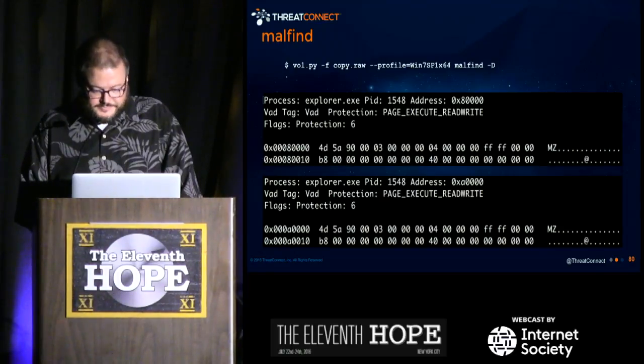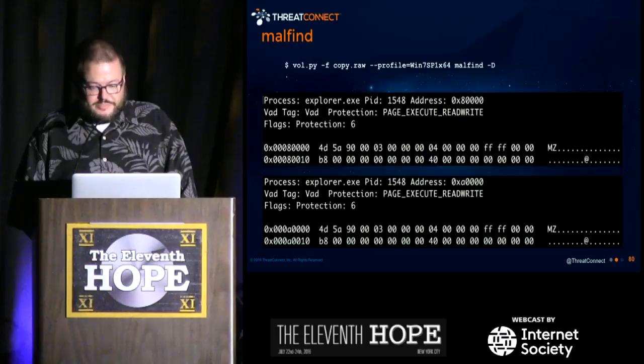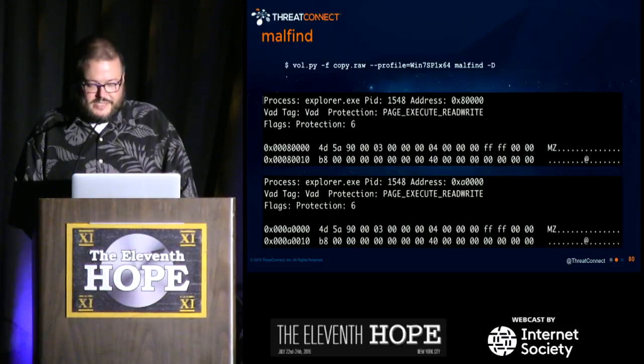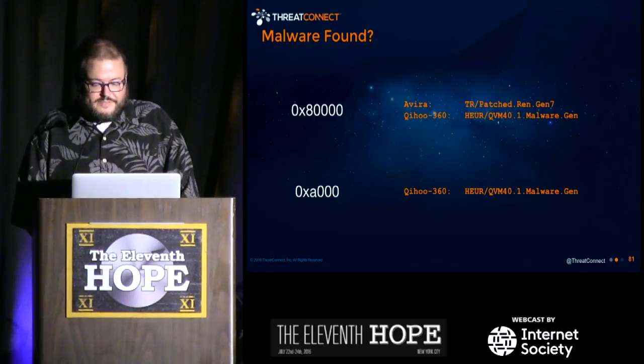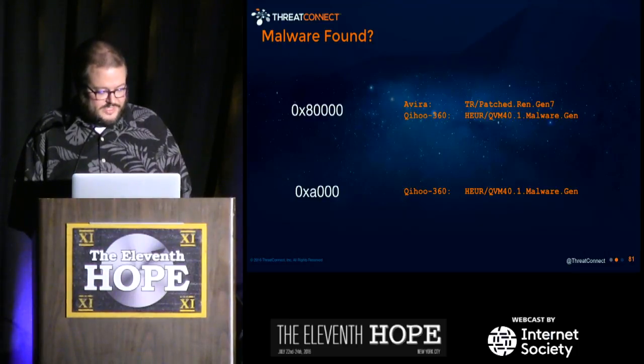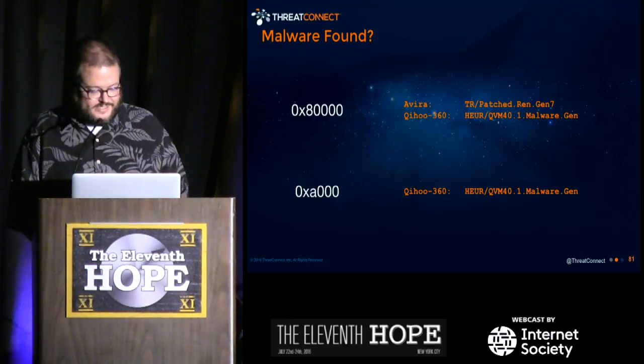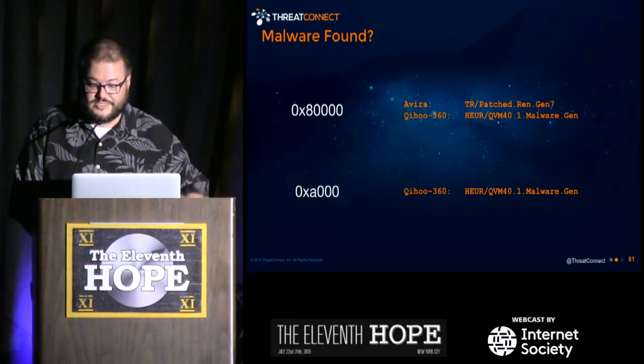So what you can do is dump those processes into a file, and then I ran those dumped files through Cuckoo, and I found via AV scanner results that both of these processes are flagged as malware for a variety of reasons.